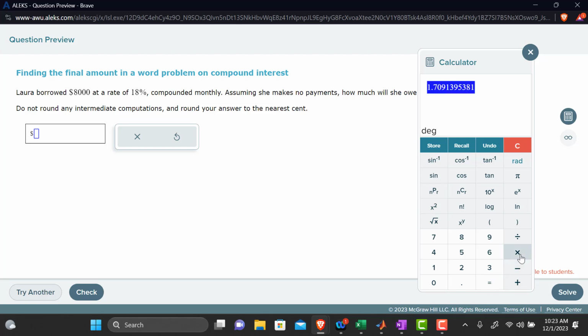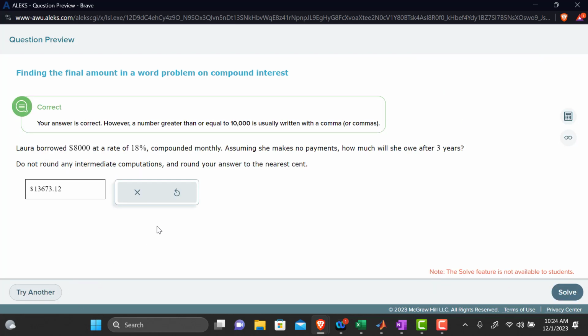And then I want to take this number and multiply it by my principal of 8,000. And so after all that, she owes 13,000. So that's like $5,673 and some change in just interest alone. Round to the nearest cent. Nice try. Almost got me. 13,673.00.